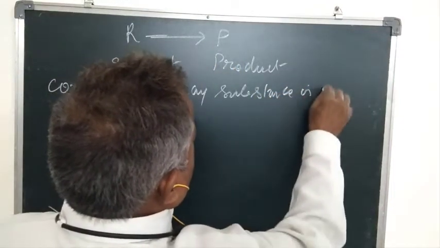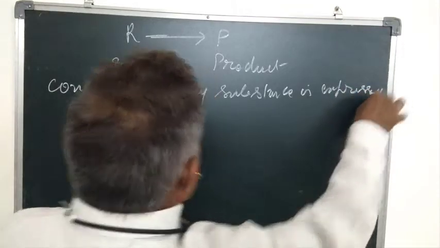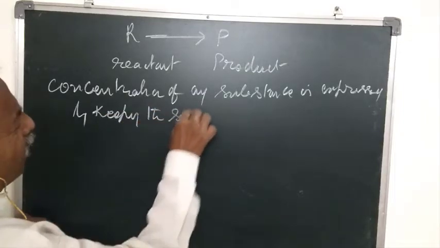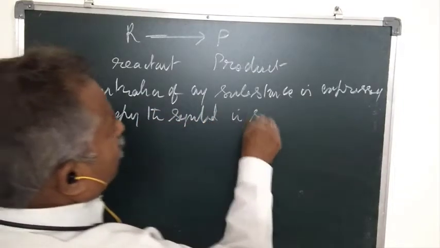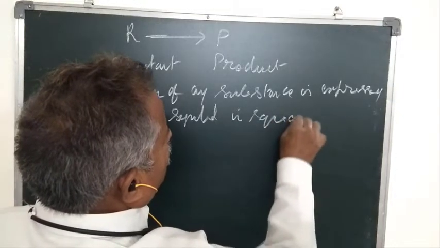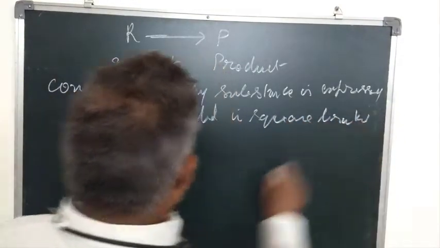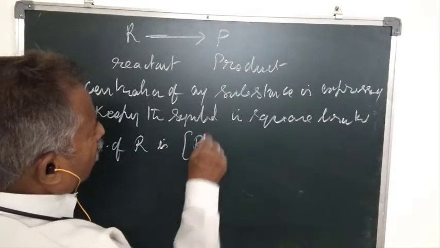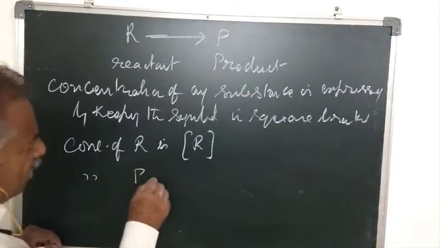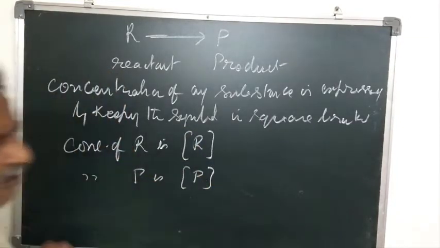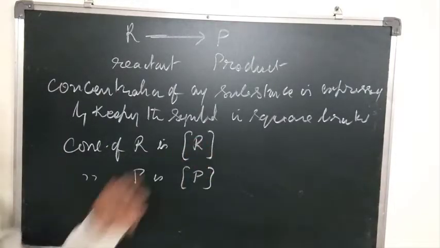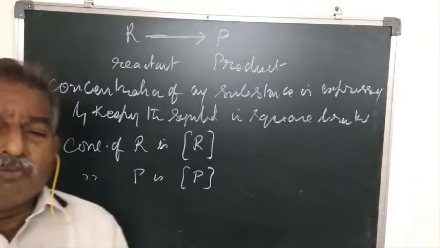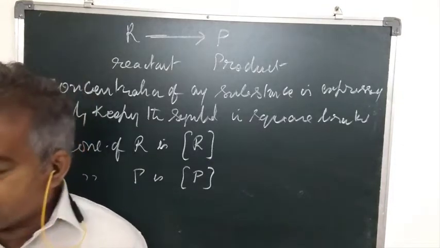Concentration of any substance is expressed by keeping the symbol or formula in square brackets. Therefore, concentration of reactant is given by [R]. Concentration of product is given by [P] kept in square bracket. This is the concentration. And of course, we already discussed that the unit of concentration is mole per liter or mole per decimeter cube.